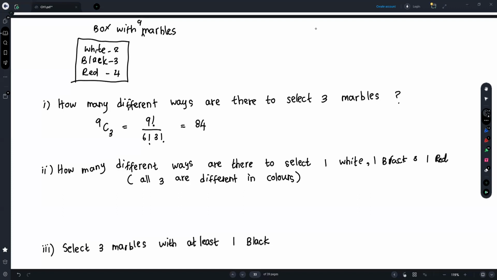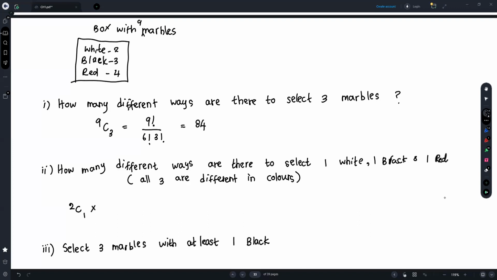Right, so what is the answer for the second one? That means all 3 marbles should be different in colors, right? 1 white, 1 blue, 1 red, right? So how do you do that? Selecting 1 white out of 2, 2 choose 1.